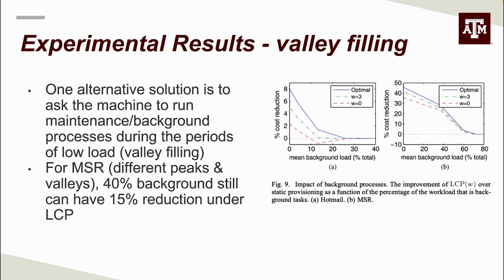Another alternative idea for LCP is valley filling, which is running some background tasks during the low load periods. On the MSR data, where the peaks and valleys are significant, running 40% background load during the valleys still leads to 15% cost reduction under the LCP algorithm, showing LCP's efficiency and utility.